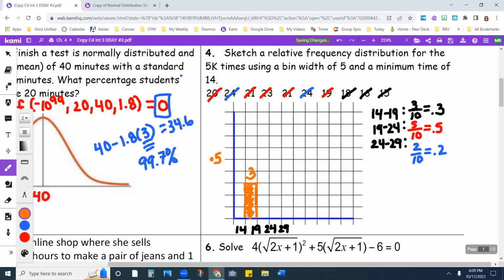From 19 to 24, I'm going to go up to 0.5. And from 24 to 29, I'm going to go up to 0.2. And there's my relative frequency distribution. On number 5.